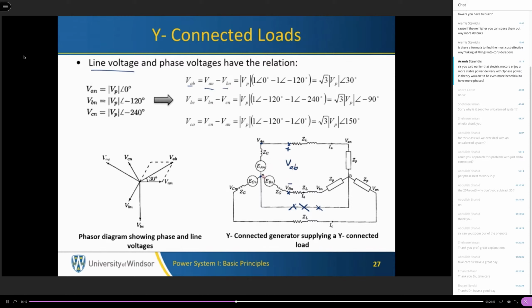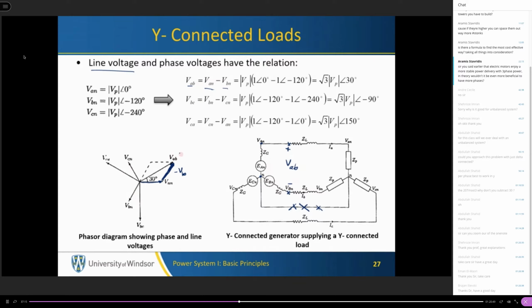This is VAB. So if you look at the phasor diagram, and we start with the phase voltages VA, VB and VC, by definition, VAB is the difference between VA and VB. So if you apply this in the phasor domain, this is VA minus VB, so this is VB with the same magnitude but in the opposite direction. This is minus VB. So if you add these two vectors together, you get VAB.